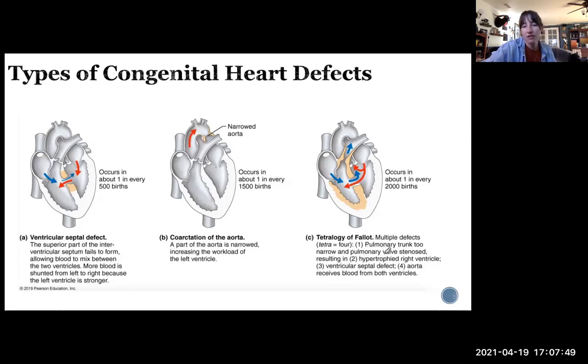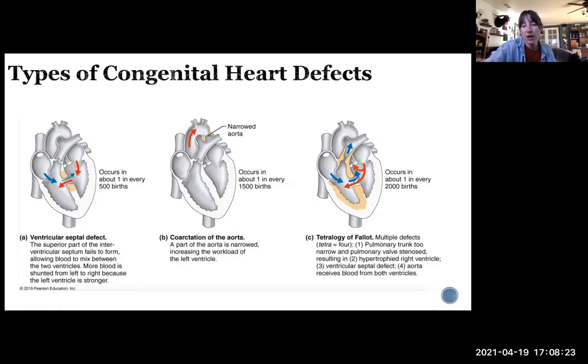Third, the ventricular septal defect that apparently comes with this is going to be adding to the tetralogy of Fallot by doing literally what the ventricular septal defect does by itself, which is allowing a mixture of blood between the left and right ventricles. And then finally, the aorta is now going to be receiving blood from both ventricles as a result of the ventricular septal defect, right? So that aorta is going to get both oxygenated and deoxygenated blood.